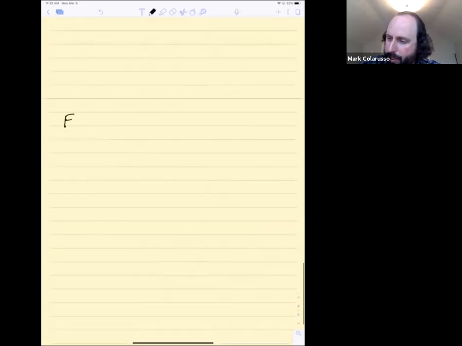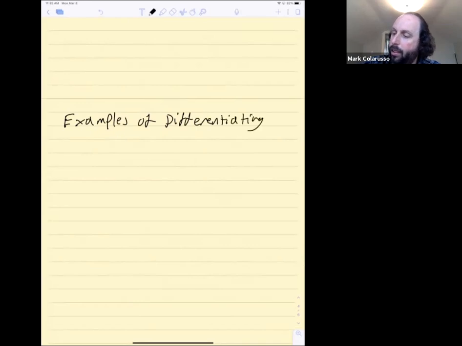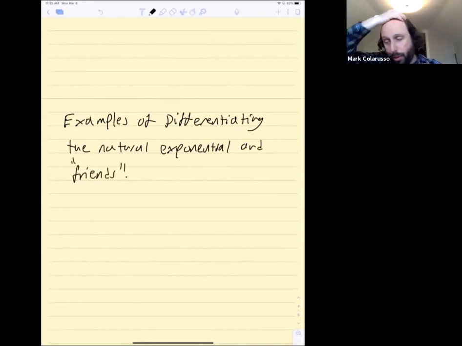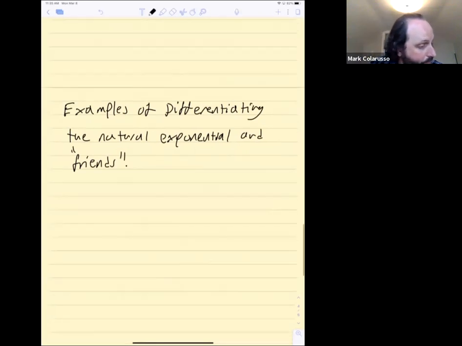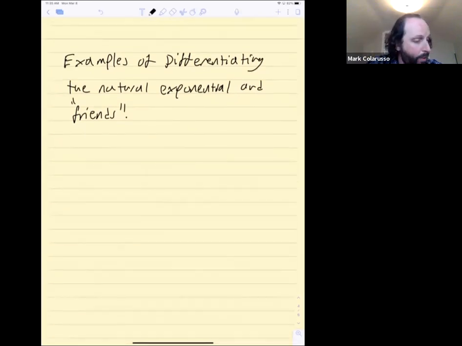So examples of differentiating e to the x, the natural exponential and friends. Okay, so closely related creatures that we can get out of the exponential.